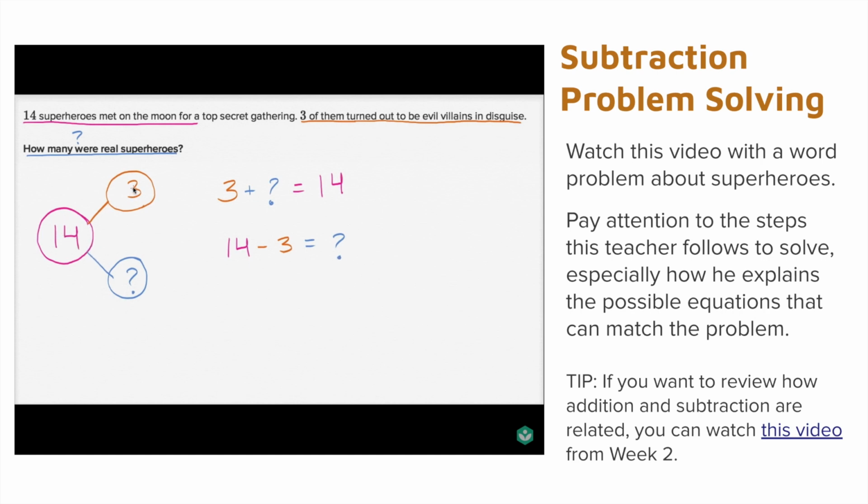The 14 is made up of 3 and question mark. So if you take 14 minus 3, you're just going to be left with the number of real superheroes. So what's 14 minus 3? Well, there's several ways you could do this, but one way is, let's see, 14 minus 1 is going to be 13, 14 minus 2 is 12, 14 minus 3 is 11. So we have 11 is equal to question mark, or question mark is equal to 11, or there are 11 real superheroes.